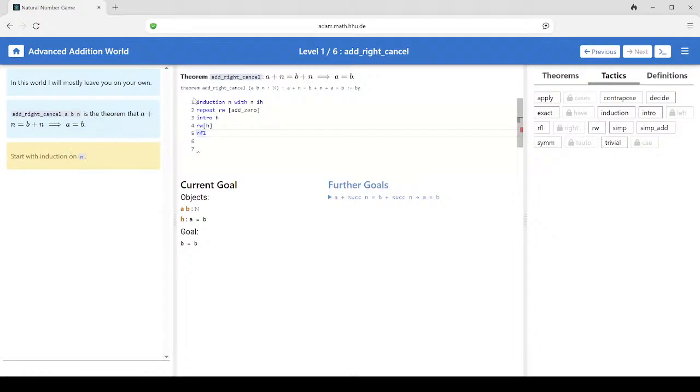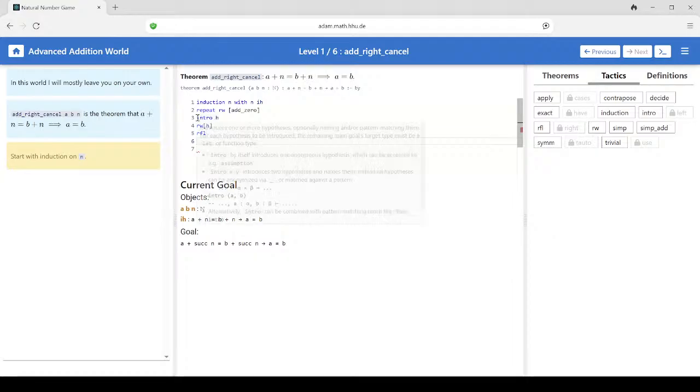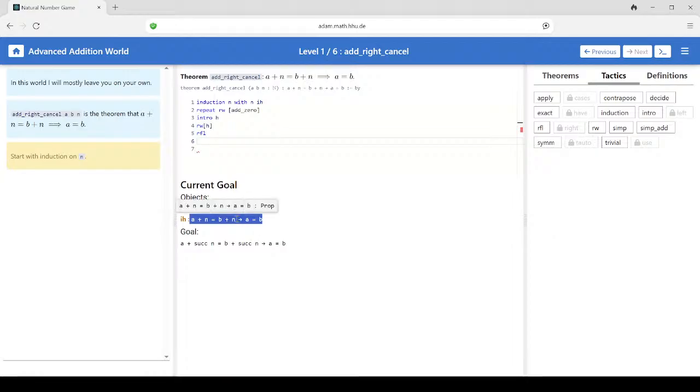It told me to start with induction on n, and there's really only one way that goes, unless... Now we've got a hypothesis with an implies in it, and that's got me all messed up. I don't know.